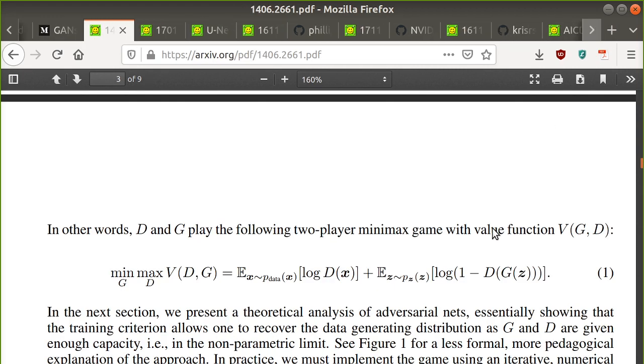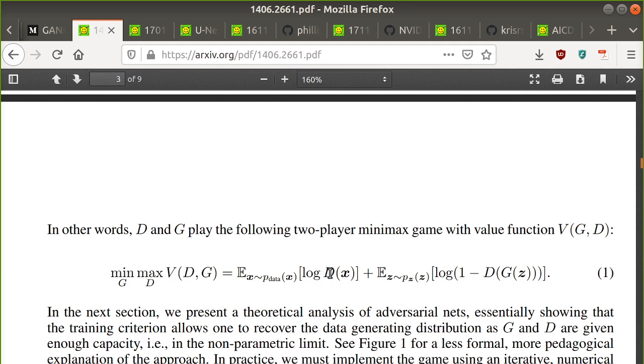We have a discriminator output which we're interpreting as the probability that the data is real as opposed to fake data made from the generator. So we're maximizing the log probability for the real data, and the generator wants a high output for its data. The discriminator wants a low output for the generator data.